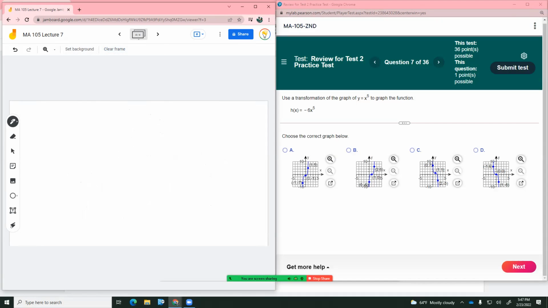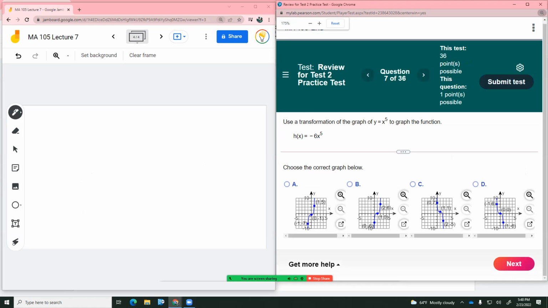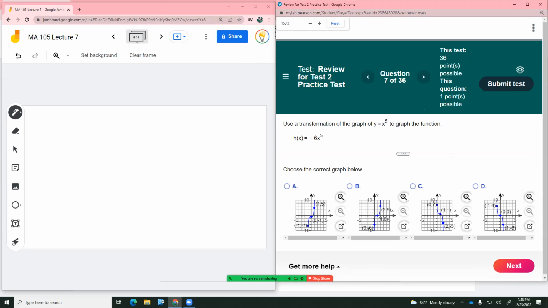Transformations, this is another kind of take on this. It's a negative in this case, and it's odd. So let me pull this up again. We know that odd polynomials in general look like this, right?